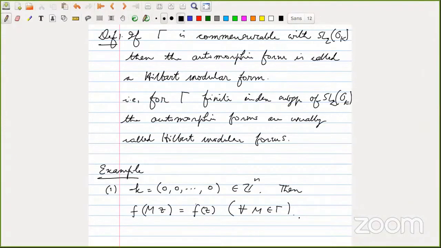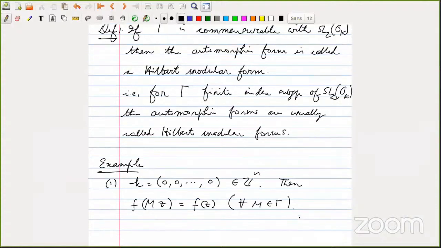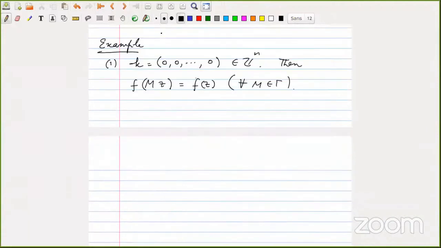Then because of this condition, you can see that, yeah, let me give you a brief sketch, just a few words about what these functions are.